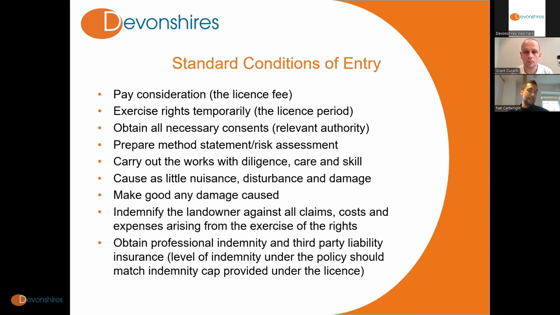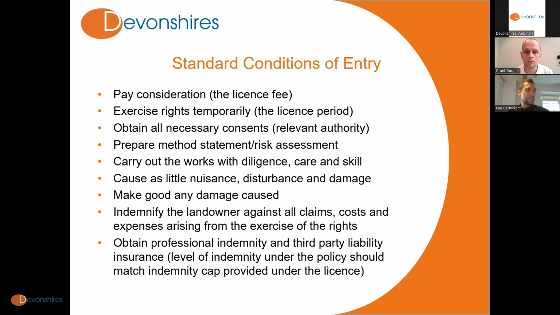There will often be an indemnity provision in there. Obviously, in case anything goes wrong, the person who's granting you that right over their land will want to make sure that they can recover any sums against any claims, costs or expenses which arise from the grant of the license and the exercise of those rights, or any breach of covenants which may arise.